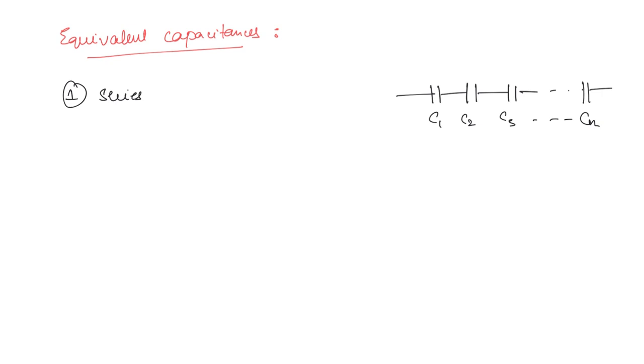The charge on each of the capacitors will be the same. So the equivalent C can be found from this expression: 1 by C equivalent is equal to 1 by C1 plus 1 by C2 plus so on till 1 by Cn.